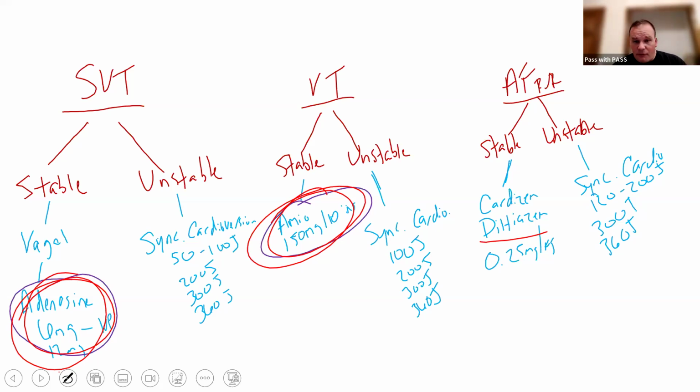Remember, for all three of these, if it is stable, we are doing medication first, right? We have time to start a line, and we have time to draw up a med, we have time to give med. If they are unstable, we are doing electricity first. We don't have time to start a line. We don't have time to draw up a medication. We're putting pads on, and we are synchronized cardioverting the patient.